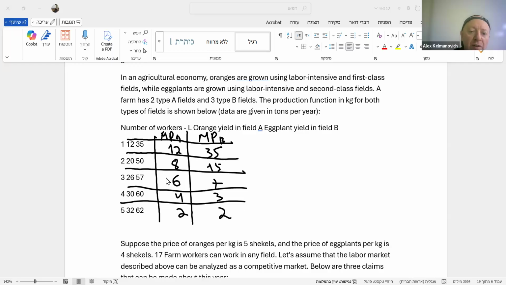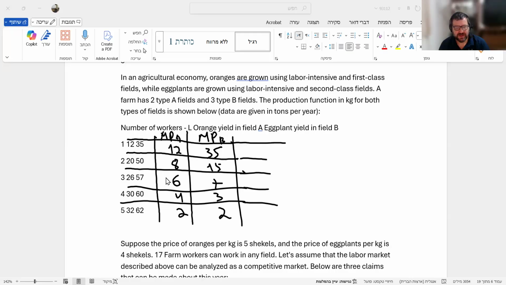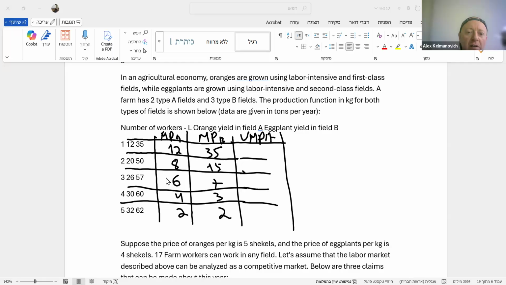Now, because you have two different products, what must we calculate now? Marginal price? No, the value of marginal product, the VMP. VMP turns products into money. The orange price is 5 shekels and eggplants is 4 shekels.